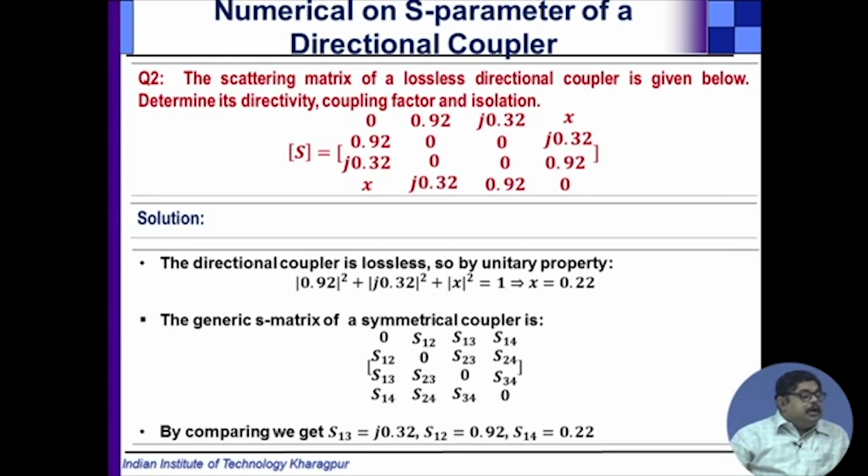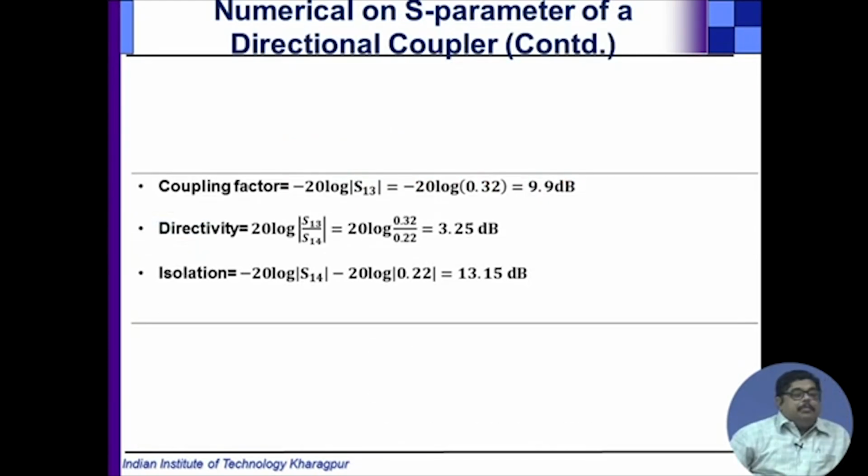Now, in a symmetrical coupler, we know this is the generic form that we have seen, and if we compare, then we get the S13, S12 and S14 values. Once we have that, we can find the coupling factor, for which we gave the formulas in the earlier lecture. Coupling factor is minus 20 log S13. So, you can find out it is 9.9 dB.